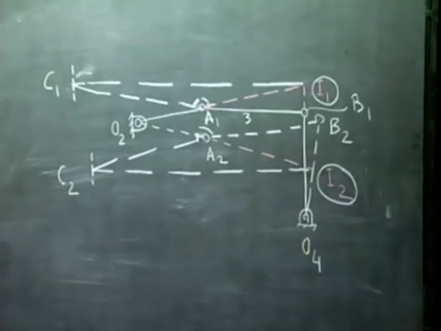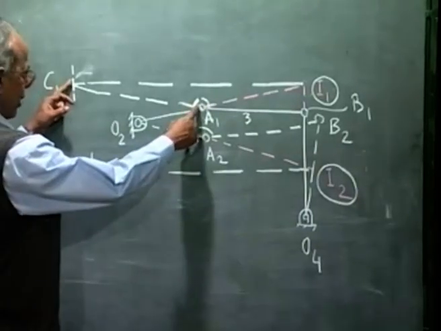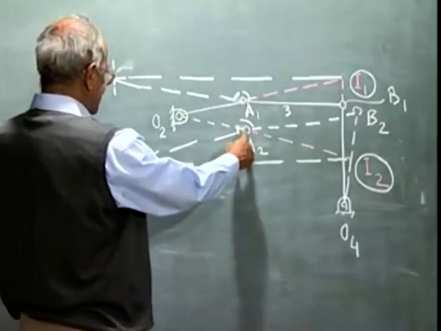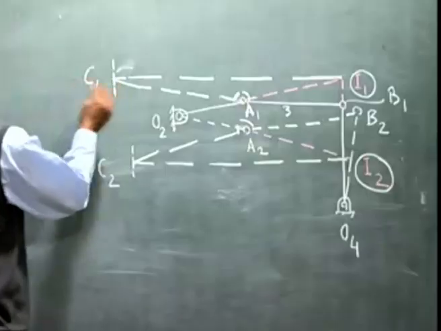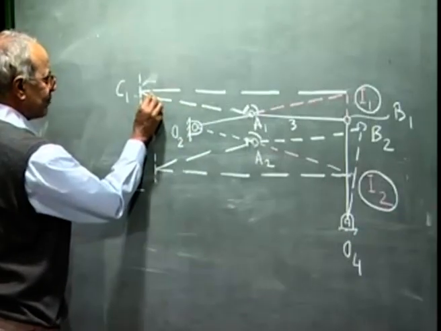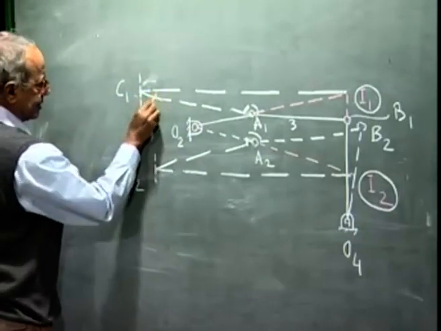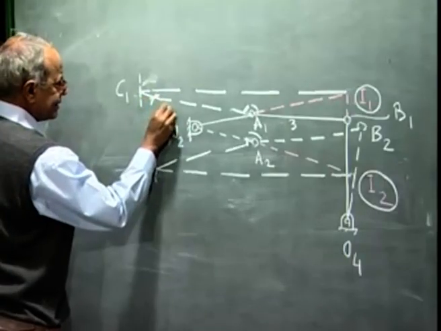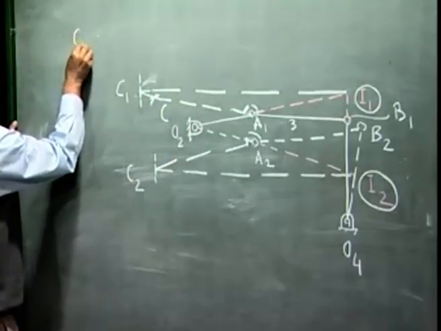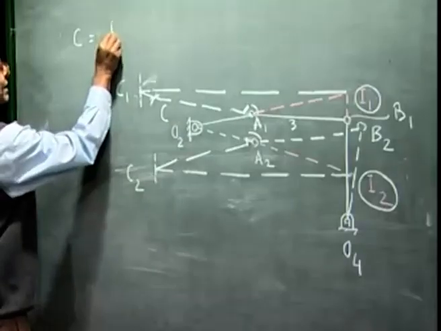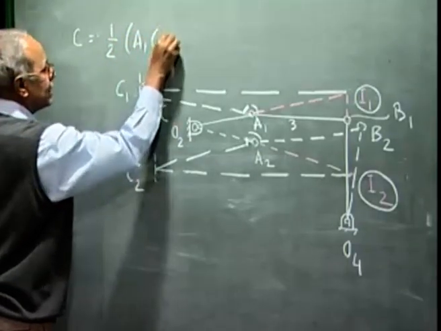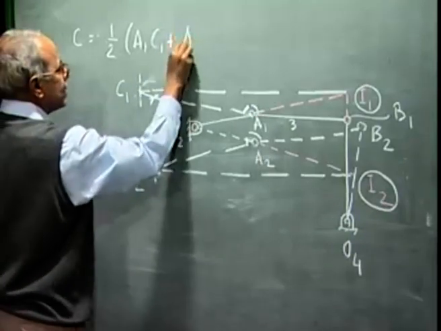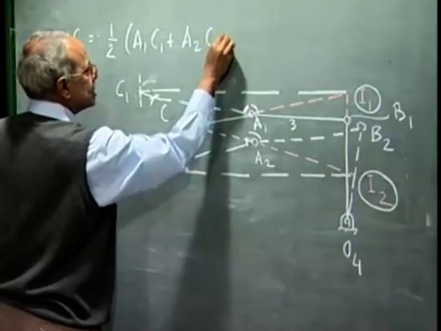Now obviously this distance A1C1 will be different from this distance A2C2. So what we do, we take a point C on the extension of the coupler, say here C, which is the mean of these two distances, that is half of A1C1 plus A2C2.